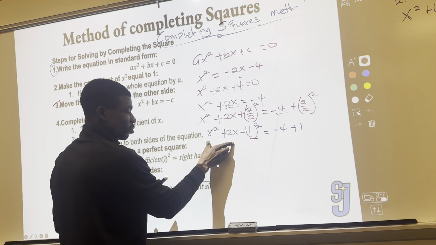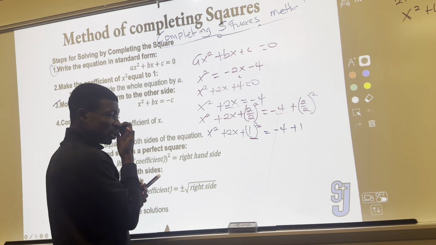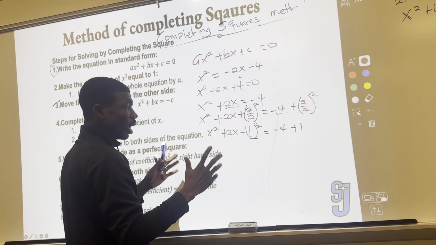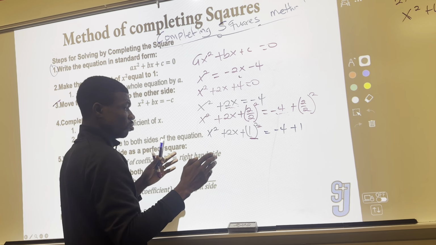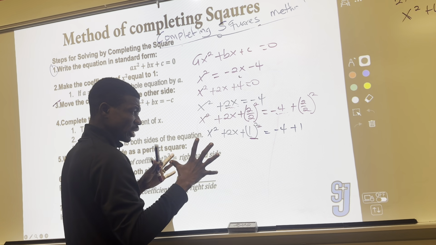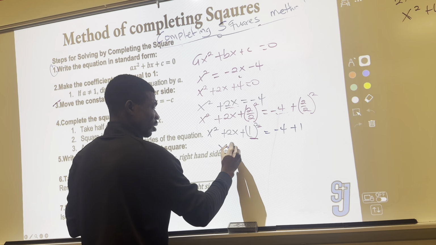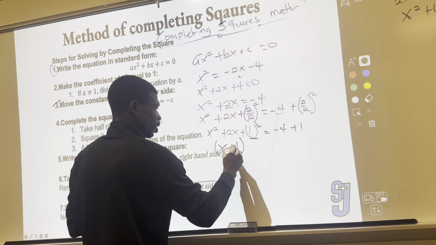Okay. The next step says that because there is a square here and there is a square here, the one thing you can do to make it easy is to write my x plus 1 all squared.